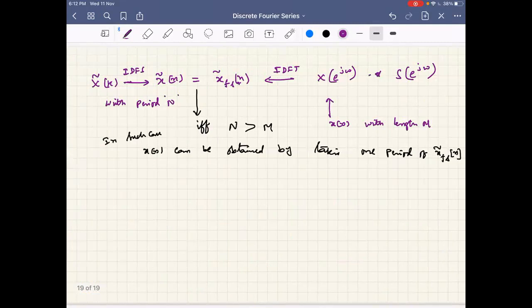Ideally what we are doing here is this, after sampling: from these samples we are getting x tilde of k, and for that you are taking the IDFT. So you can consider this XFS of k, the sampled version from the frequency domain.